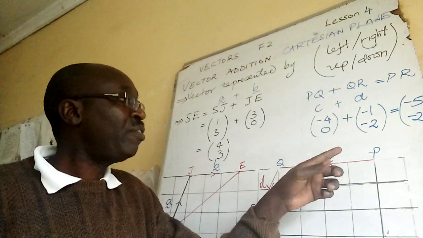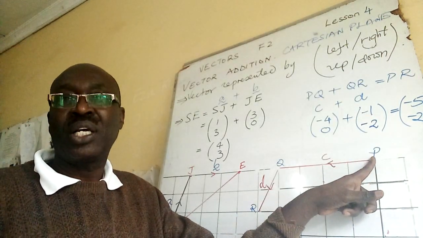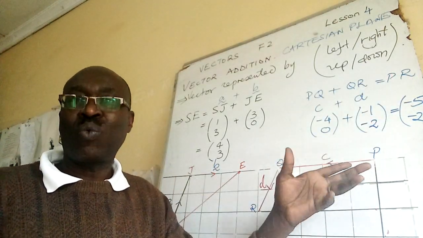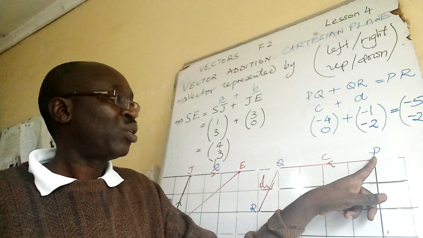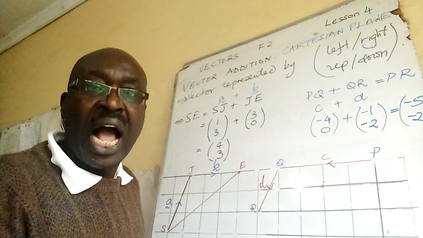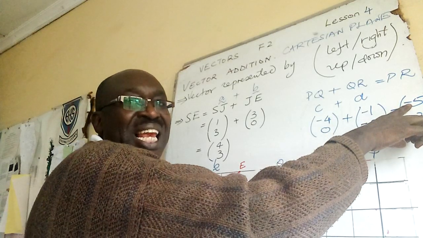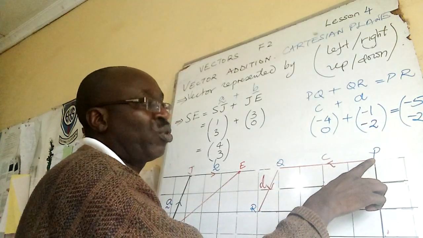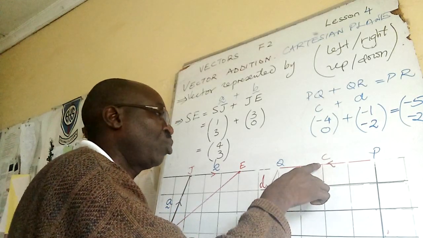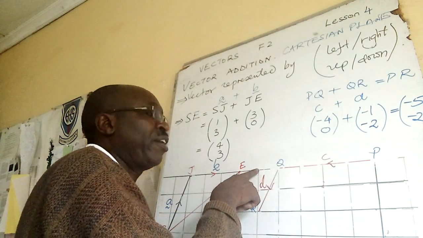So let us see. If you are at P and you want to go directly to R, which movement will you make? So if I'm at P and I want to go to this R, I have to move left 5 steps. So I'm here, left. 1, 2, 3, 4, 5.